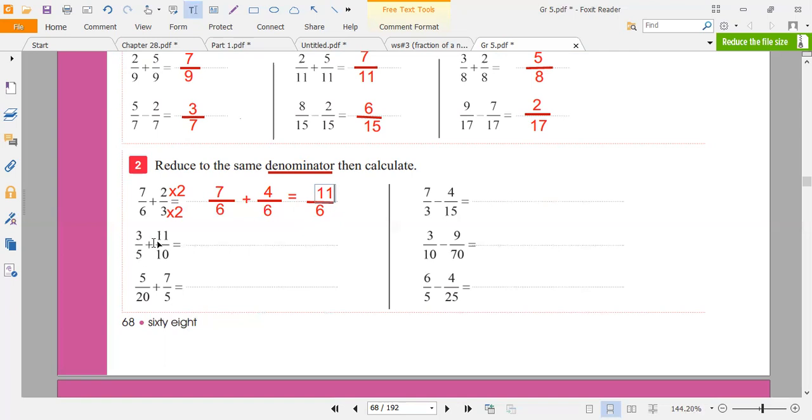3 fifths plus 11 tenths. 10 is a multiple of 5, so we multiply this fraction by 2. In this exercise, we cannot simplify.